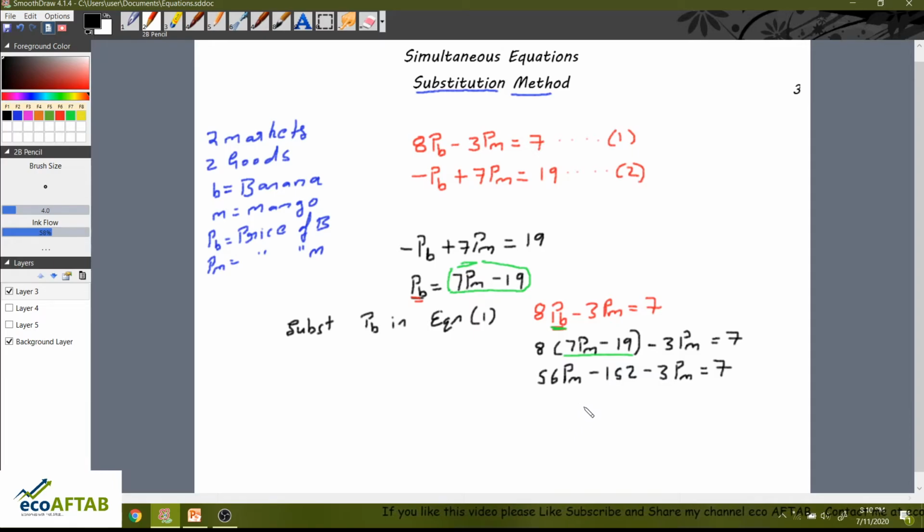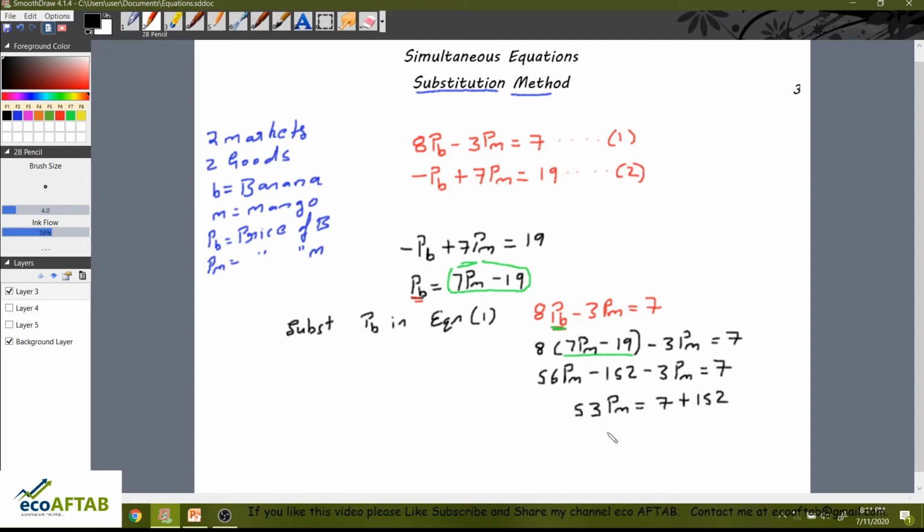So 56PM minus 3PM becomes 53PM, that is equal to 7. This minus 152 goes to the right hand side, so it becomes plus 152.